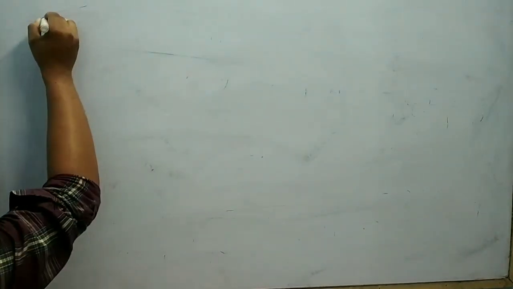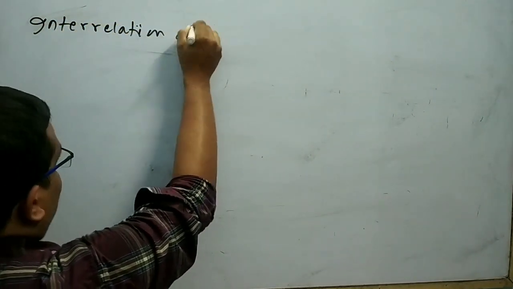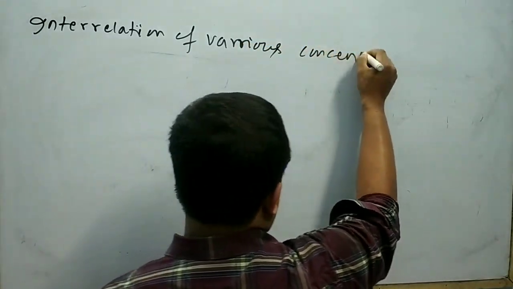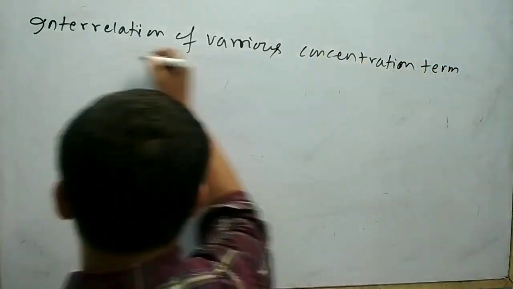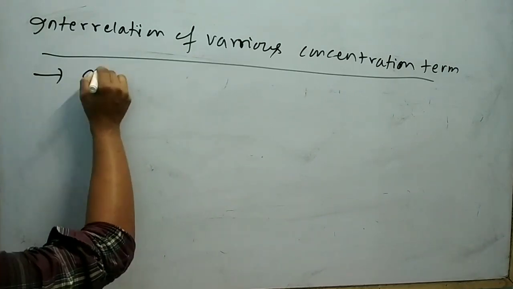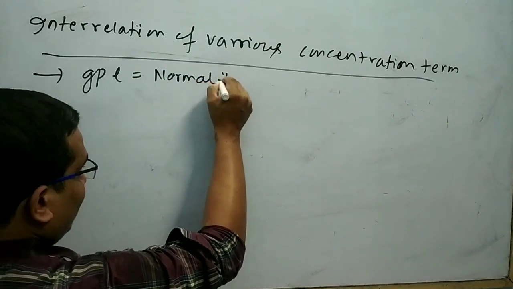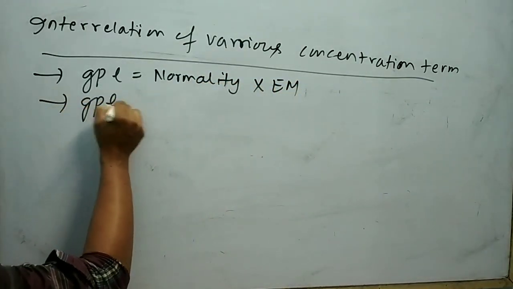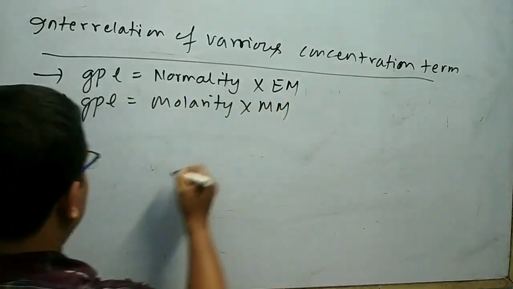Next I will explain interrelation of various concentration terms. Remember some important formula. GPL is equal to normality into equivalent mass. Also GPL equal to molarity into molecular mass.